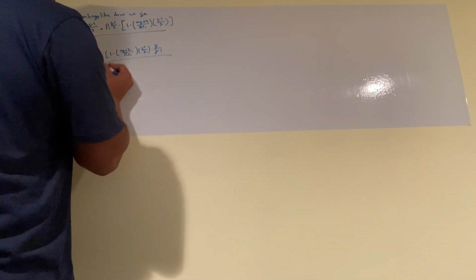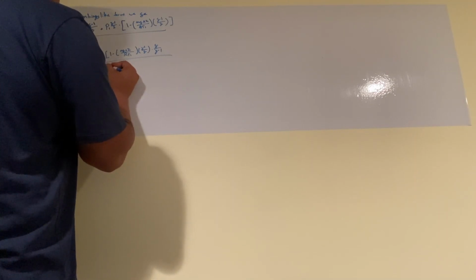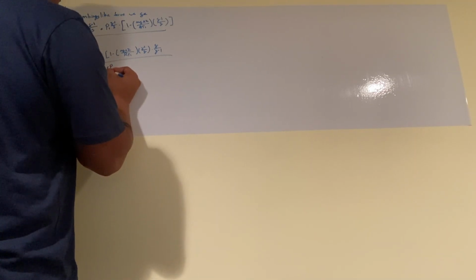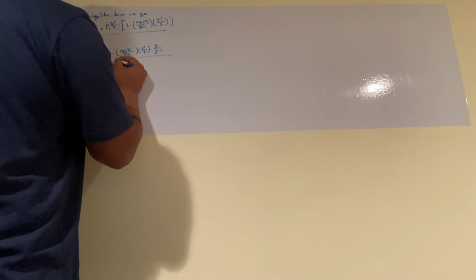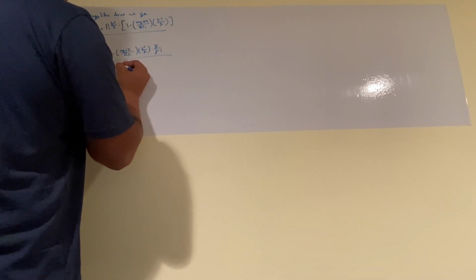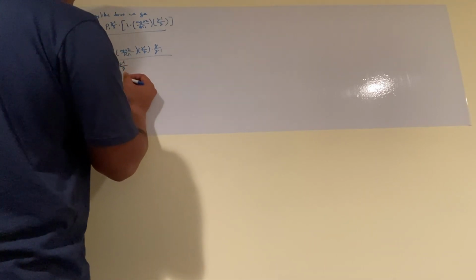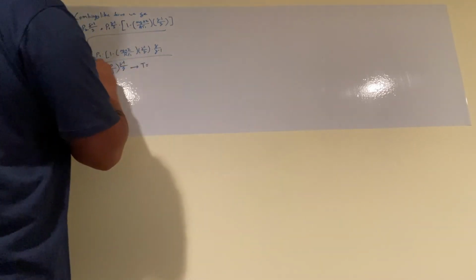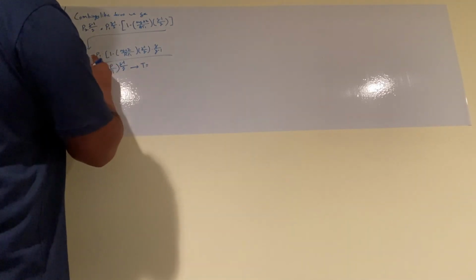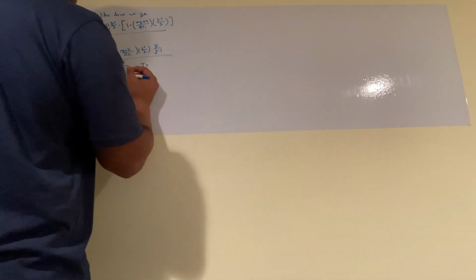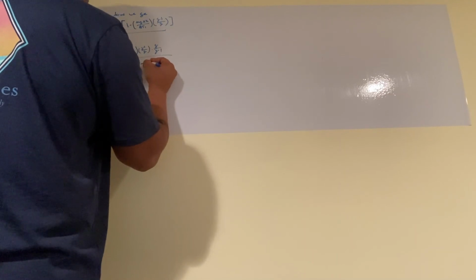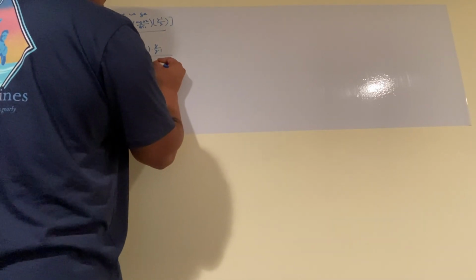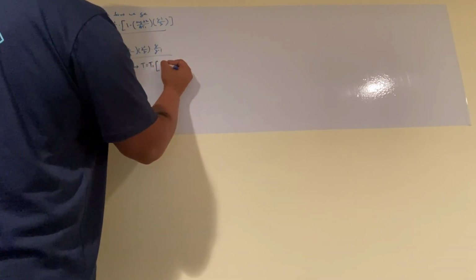T equals T1 multiplied by P over P1, all raised to the gamma minus 1 over gamma. And using this equation, we can substitute the P in for the equation that we solved just now.